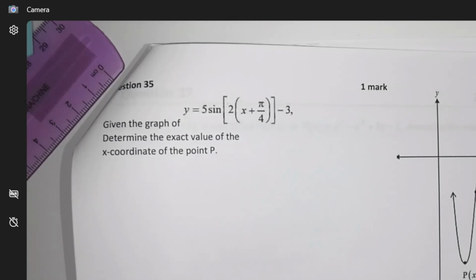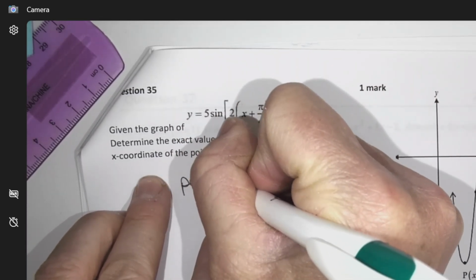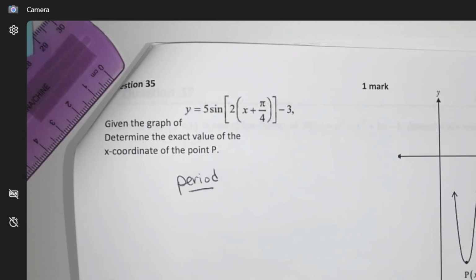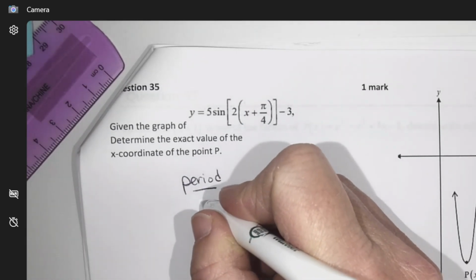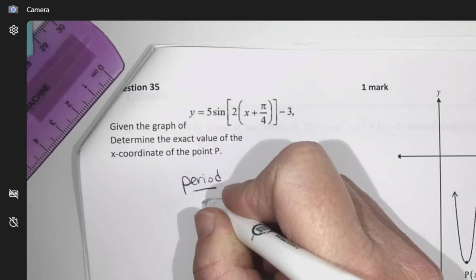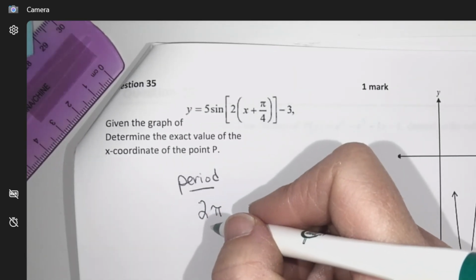Okay, so I need to talk about my period stuff. How do you find the period of a sinusoidal curve? There's a little thing you have to memorize. How long does it usually take to go through a circle? 2 pi, which is like going a domain.